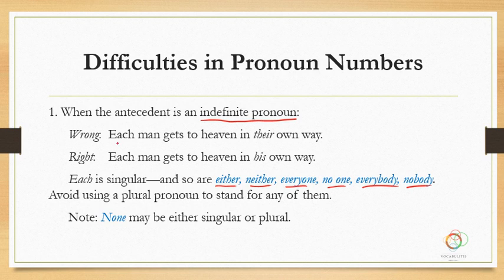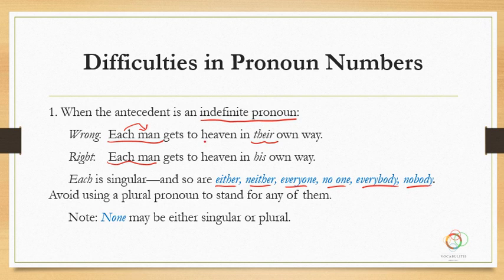The wrong sentence here says, each man gets to heaven in their own way. Well, if you said each man, I guess this is not an indefinite pronoun they used here. Actually, each was not a pronoun, it was used as an adjective. So I don't know why they used this particular sentence.